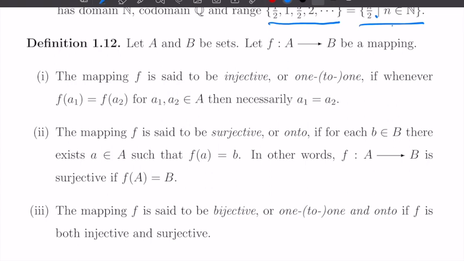Now, here are some important classifications of mappings.